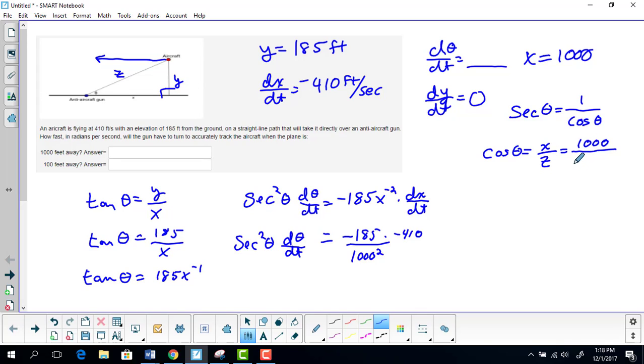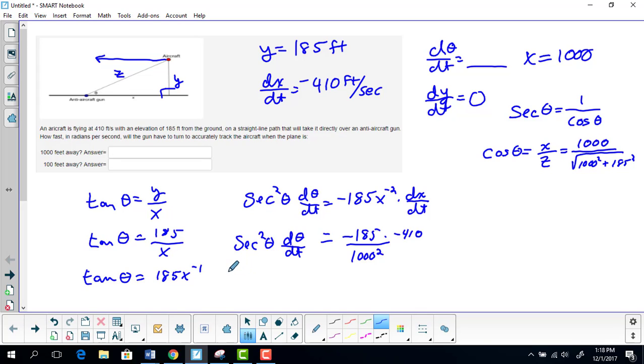You square them, add them together, and take the square root: the square root of 1,000 squared plus 185 squared. Secant is going to flip this fraction, plus it's going to square the top and bottom because we're doing secant squared over here.